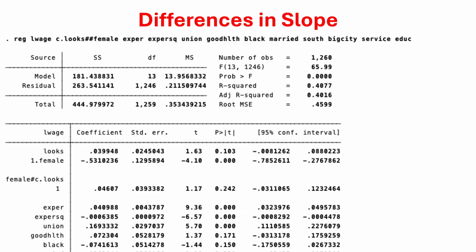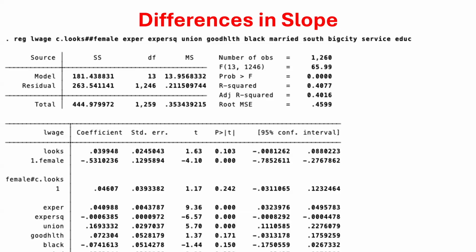So if I have that same regression, the way our results had it, I had looks, I had female, and I had the interaction between the two. What is the marginal effect of the looks variable? It's actually going to be different for both groups, but we can see why.